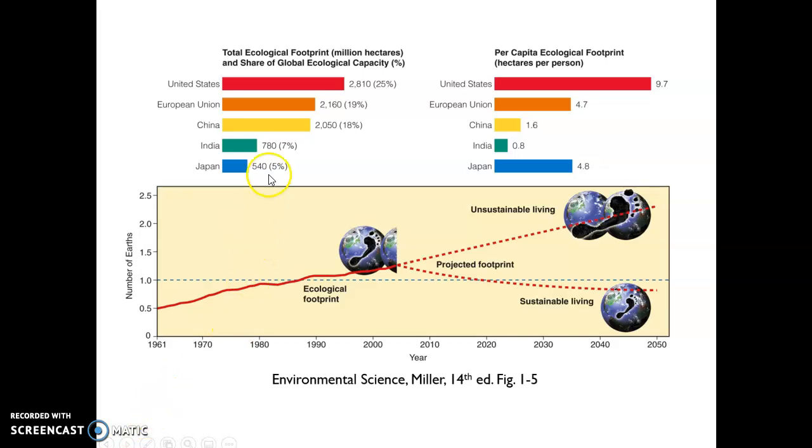So even though China's per capita ecological footprint is relatively small, they have so many more people that, relatively speaking, their total footprint increases relative to the United States. Same with India. And Japan, it actually decreases.